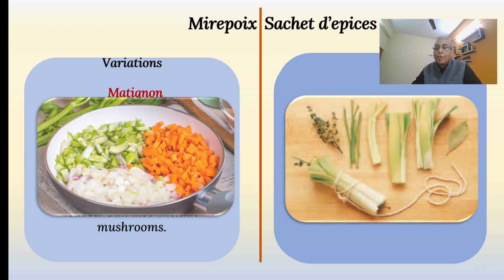And it looks like this. See how it is tied up with a thread, and it will be dipped into the liquid in your stock or in sauce for extracting the flavor. So sachet d'épices and bouquet garni are almost the same. The combination is, but the way of using is a little different, though very similar. They are very close to each other.